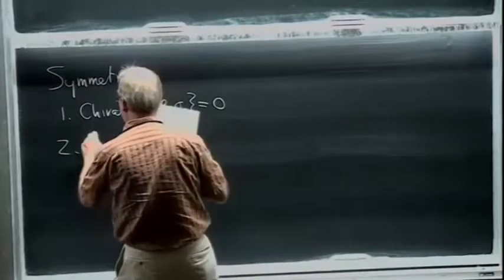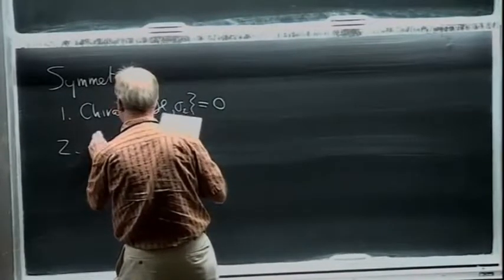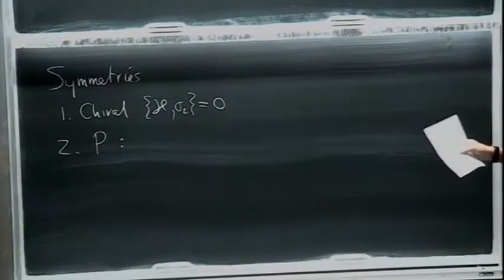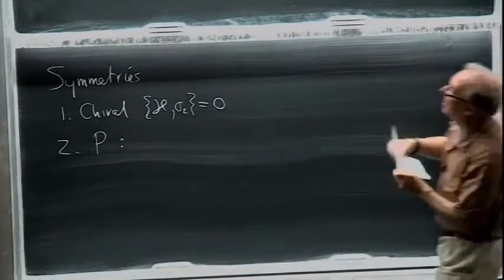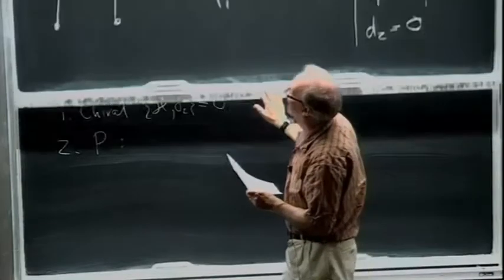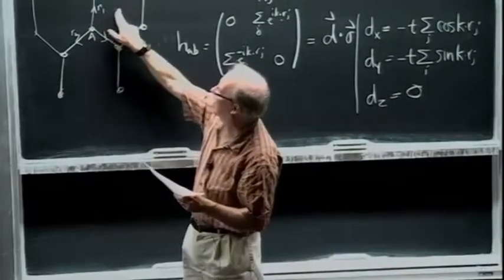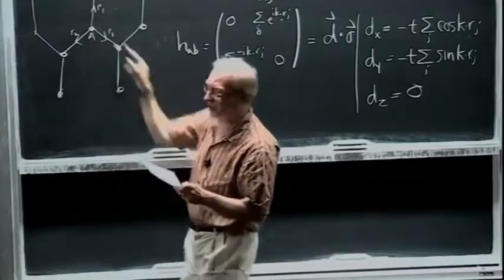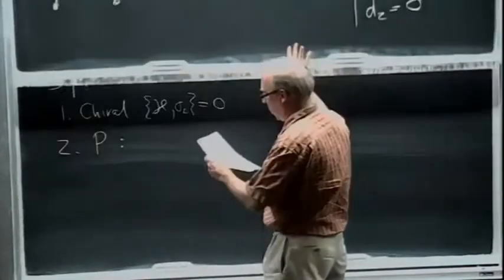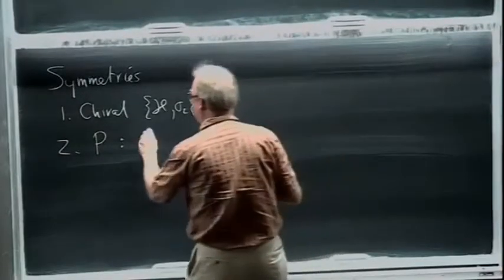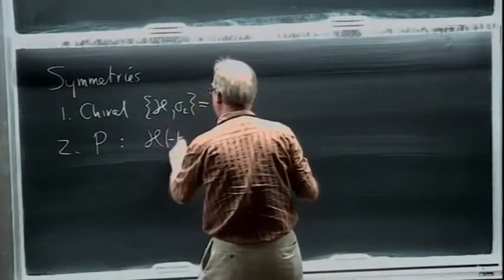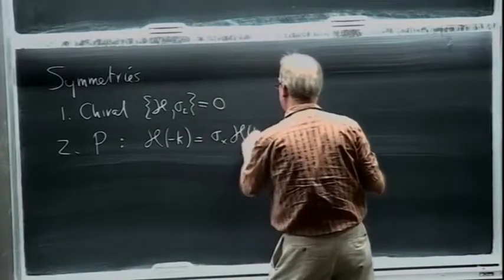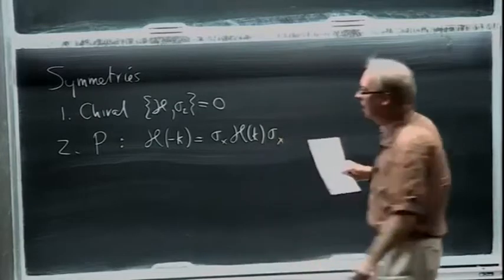It also has inversion symmetry. So there's inversion, say, about either the center of the hexagon or the center of a bond, and that interchanges the sublattices. And so inversion tells us that h of minus k is equal to sigma x h of k sigma x.